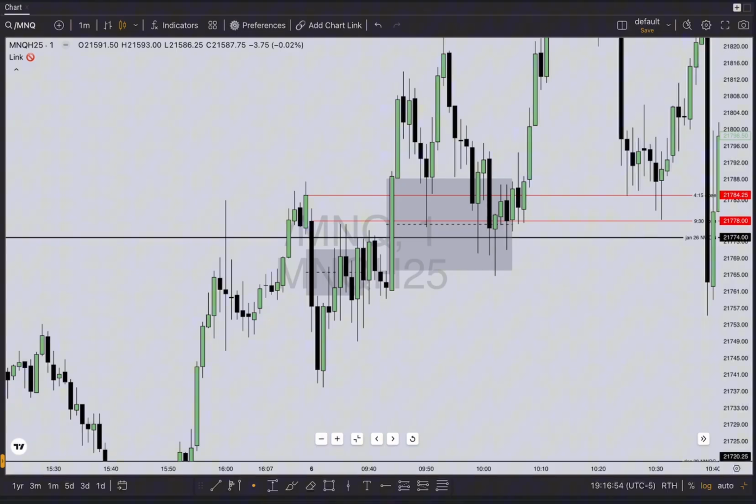So this fair value gap cannot occur because this right here is not part of the 9:30 open and onwards, right?